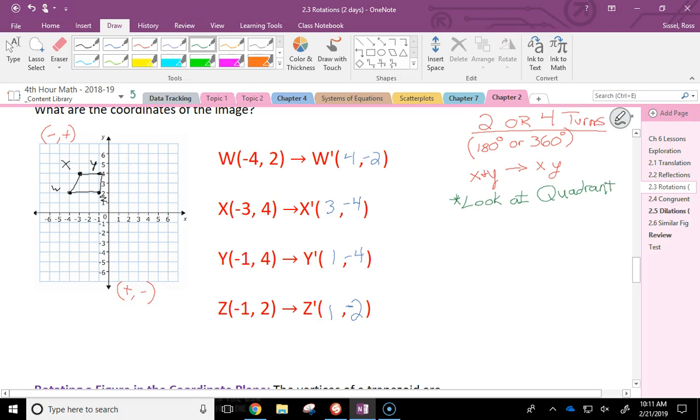My x's had to be positive, my y's had to be negative. If I look at all this, positive, negative, positive, negative, positive, negative, positive, negative, that is going to be a way that we can have a surefire getting the right coordinates. Because transparency paper makes this easy to do our turns. You will not always have transparency paper. If I didn't have transparency paper, trying to rotate this might have been difficult. But if we use this knowledge, it becomes easy.